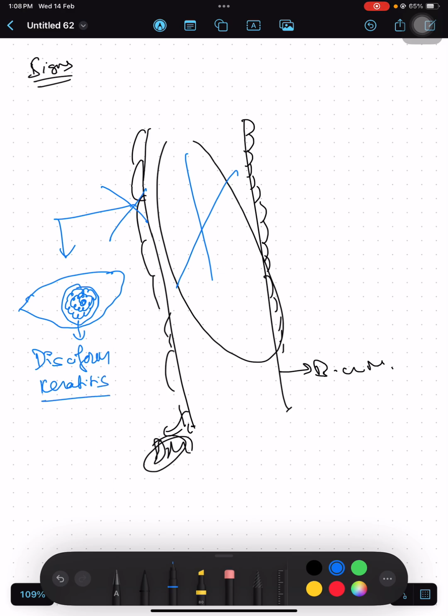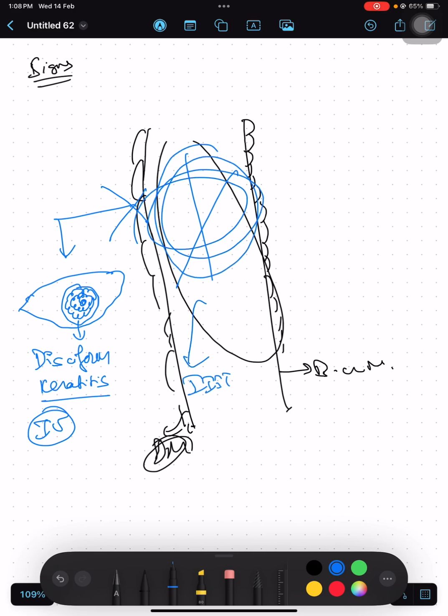Clear? And this is a type 4 hypersensitivity reaction. The hypersensitivity reaction that occurs in the stroma is the type 3 hypersensitivity reaction. In the stroma, disciform keratitis from periphery to central is not seen.